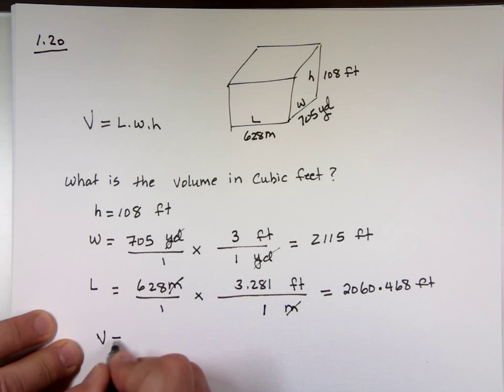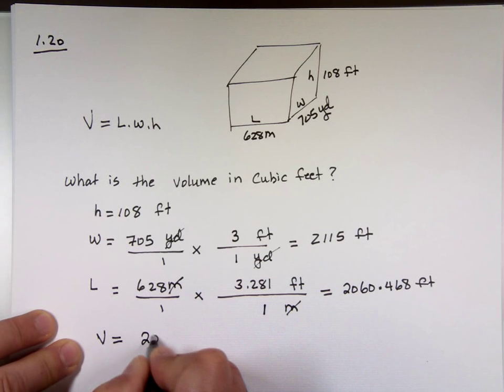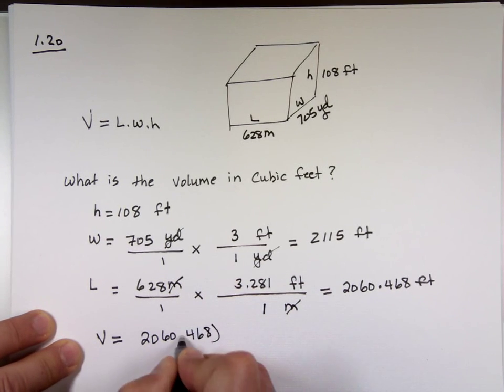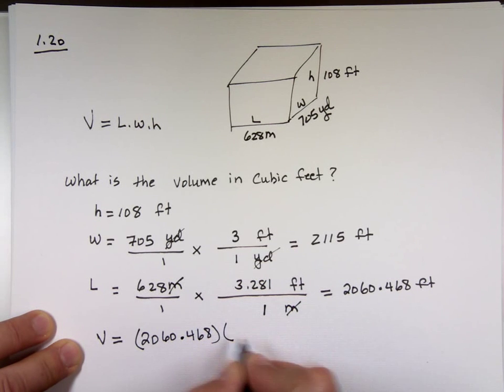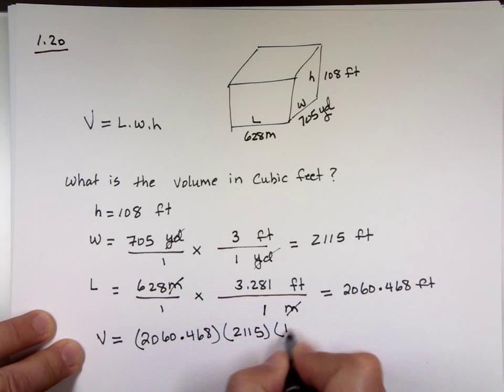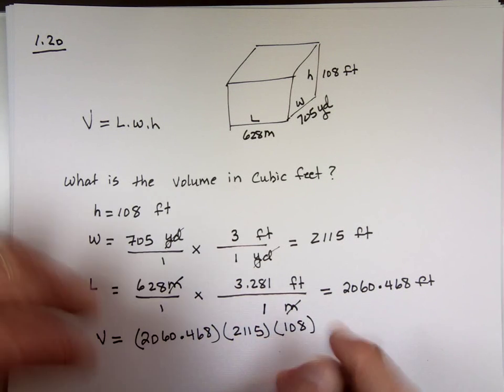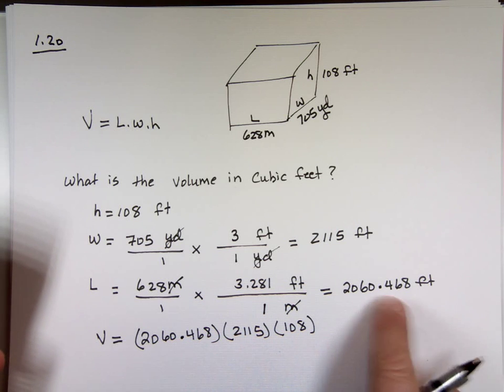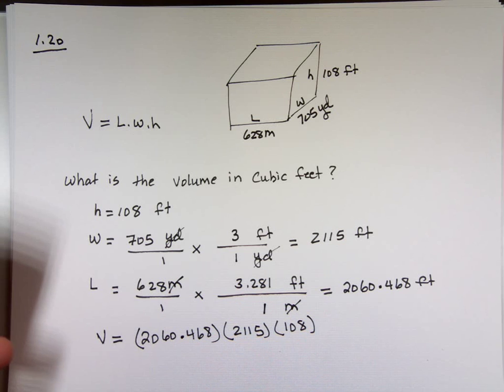Length times width times height. The width is 2115, and the height, which is 108. They're using 3 significant digits, so at the end, I could have used this 2060, and that'll be 3 significant digits, but I'm leaving them there, so multiply them out first.